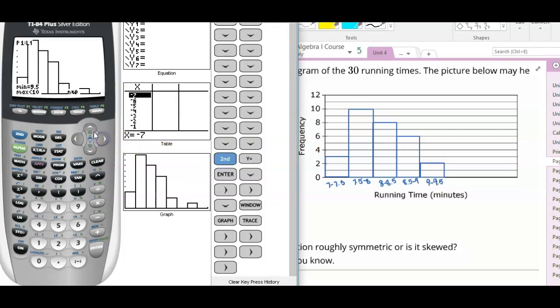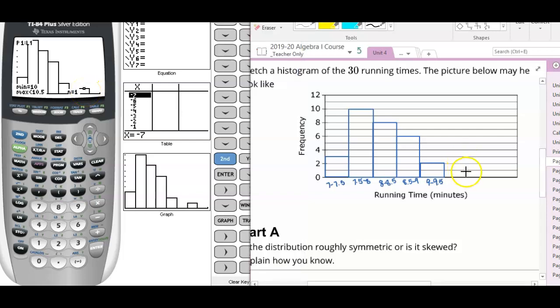Then there's a gap where there aren't any, and then from 10 to 10.5, there's 1. So this is 10 to 10.5, and this would be 9.5 to 10.